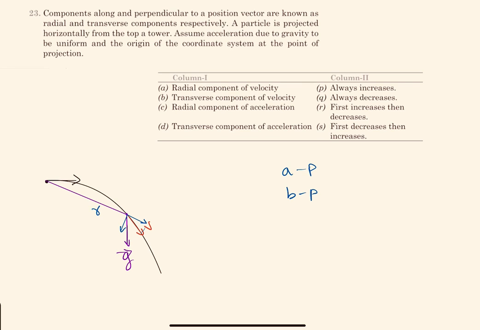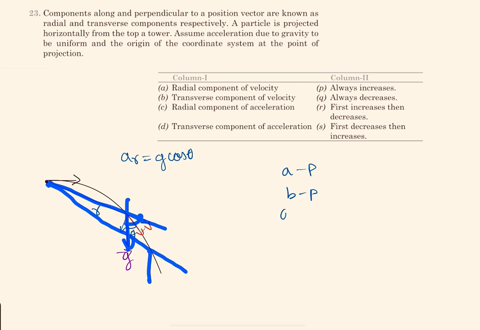Then the radial component of acceleration. So here the radial component of acceleration will be what? If this angle is theta, then the radial component of acceleration will be g cos theta. And what is happening to theta? As it is going down, this theta will keep on changing.